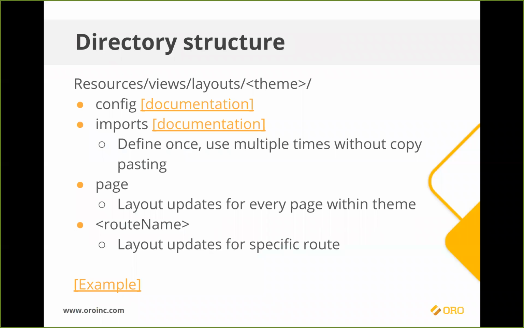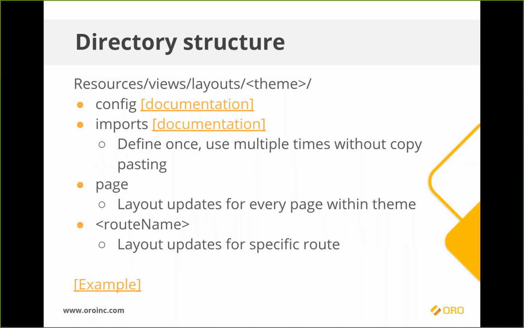Now let's have a look at how it's organized on the code level. The directory structure for the layout is the following. It's stored in the directory called resources/views/layouts/theme. And here is the place where we see the connection between the theme and layouts, layout blocks, and layout updates. Every time you are changing something at the storefront, you are changing it in the scope of a specific theme.